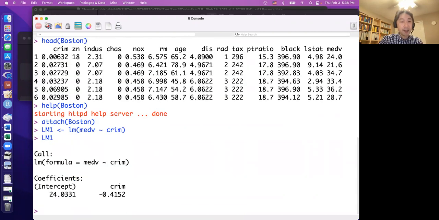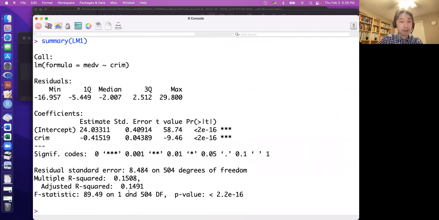If we type just lm1, we get the intercept and crime rate coefficient, and we have the summary of lm1, then we can get this. Actually, negative 0.41 is the coefficient. So the interpretation is if crime rate is, say, 1% higher, then the median value is 0.41 thousand lower.